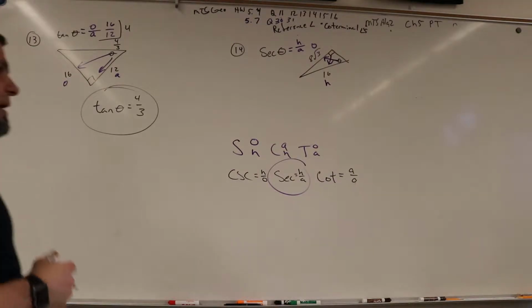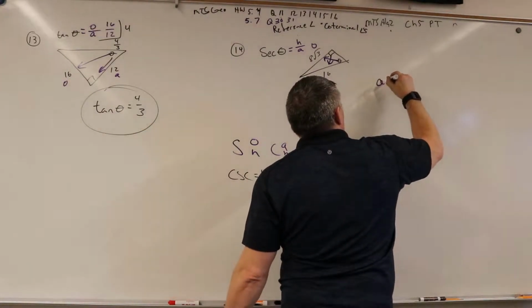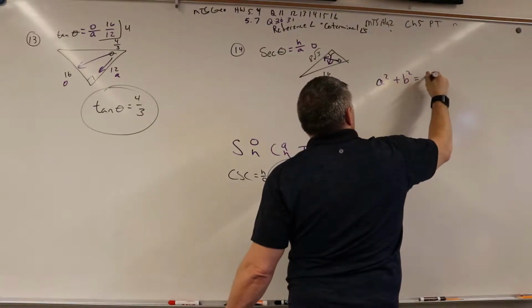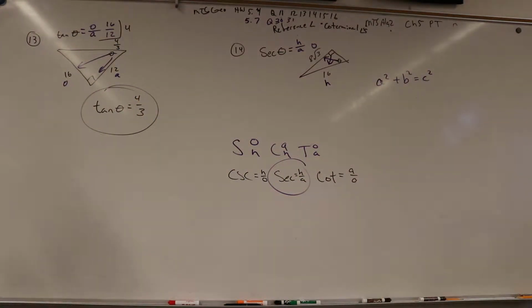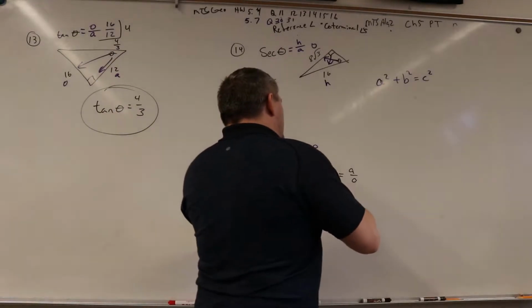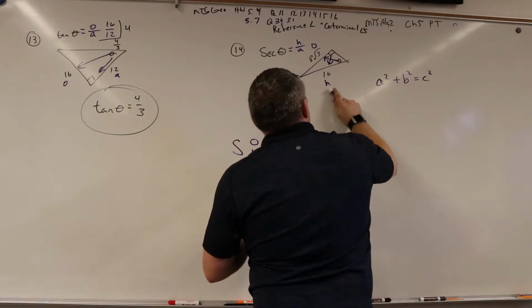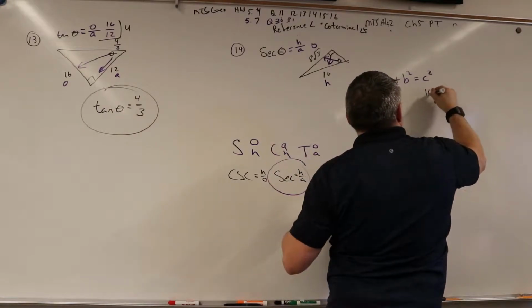Math. A squared plus B squared equals C squared. You have to remember the Pythagorean theorem. H is always C, so that's 16 squared.